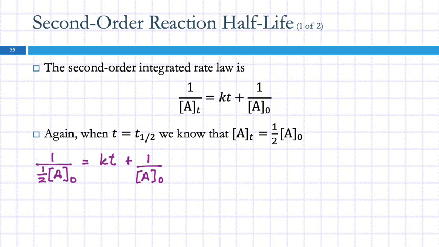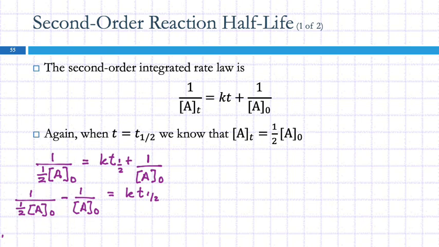So I need to get t by itself. Oh, this would be t 1/2. So I'm going to subtract 1 over A0 from both sides. And that equals k t 1/2. In order to be able to subtract these things, I need to have the same denominator.